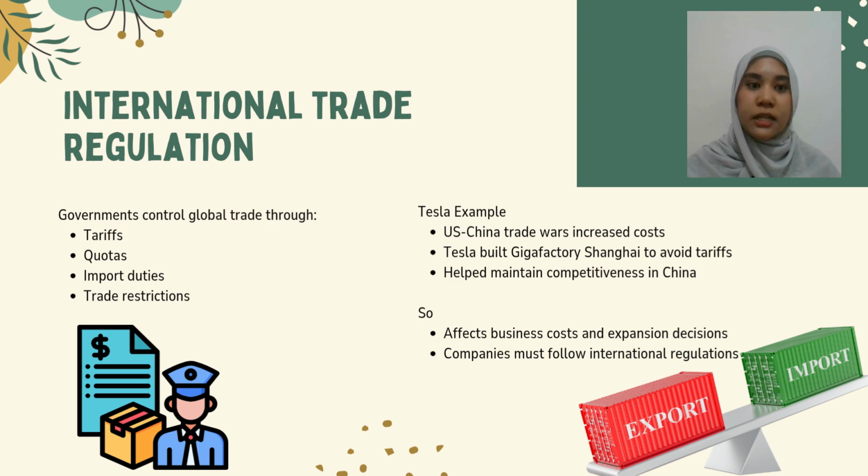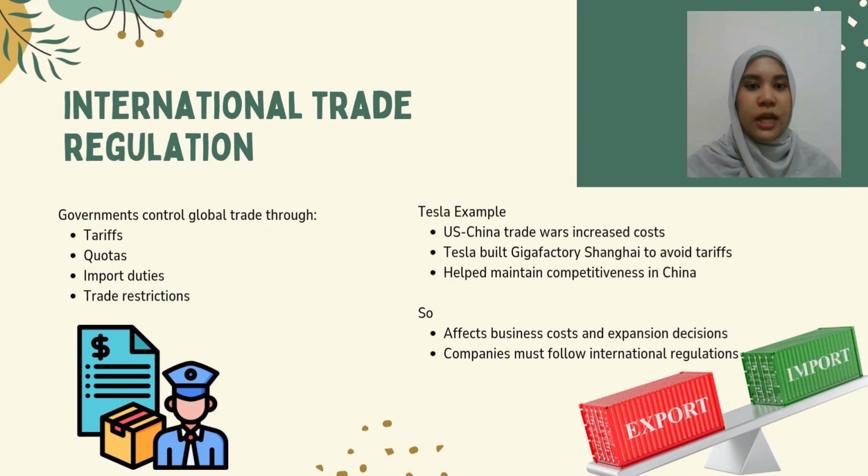For the Tesla example regarding international trade regulation, the US and China trade war increased the cost of trade regulation. Then Tesla built a gigafactory in Shanghai to avoid the tariff imposed by the US president on Chinese imported goods.